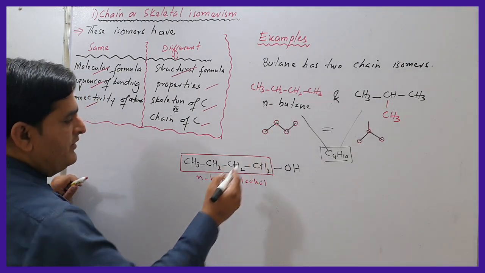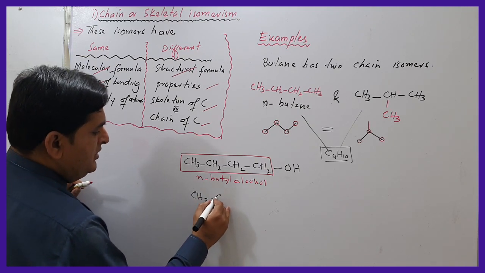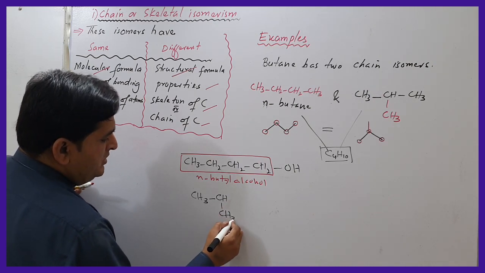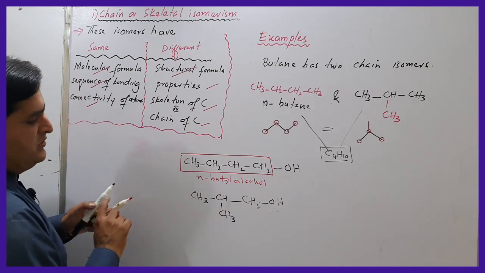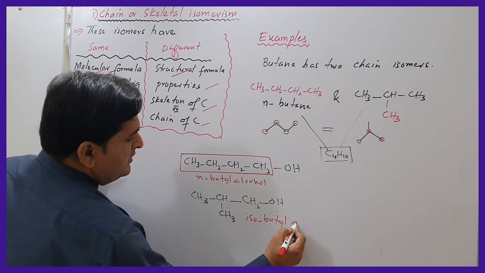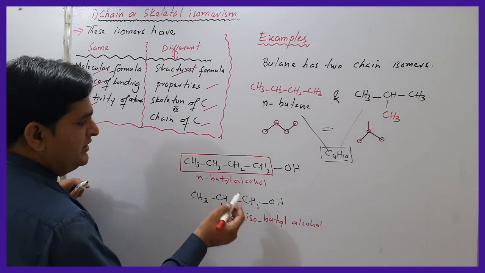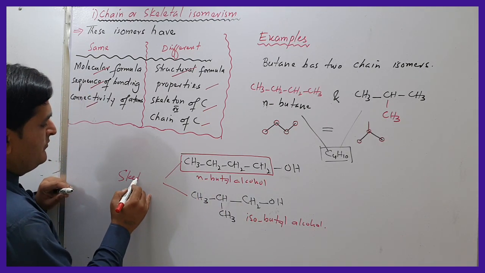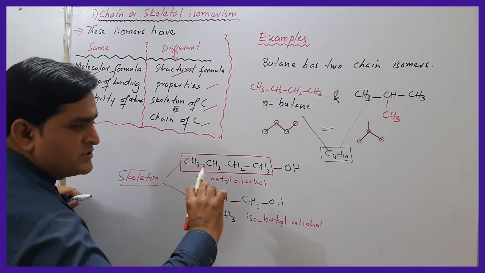Likewise we will draw its branched chain formula, CH3, CH, CH3, CH2OH. This is isobutyl alcohol. So what is the difference? The difference is in the skeleton of carbon, the backbone structure of the carbon chain.